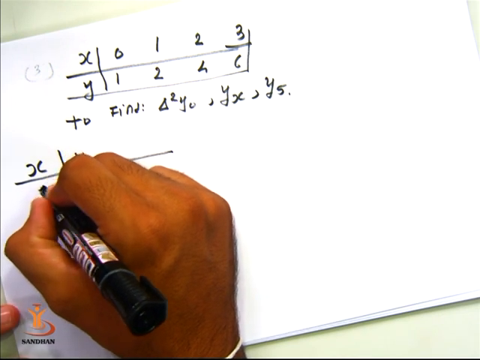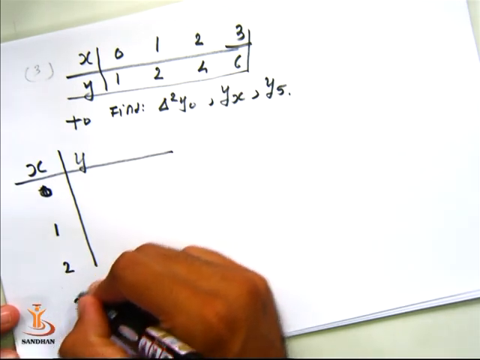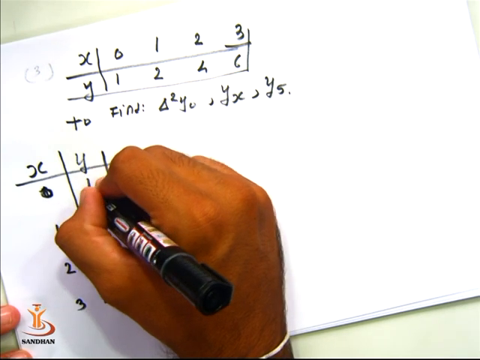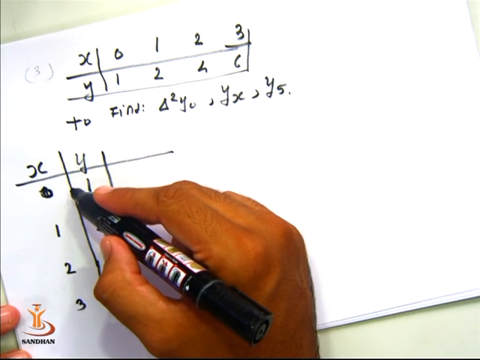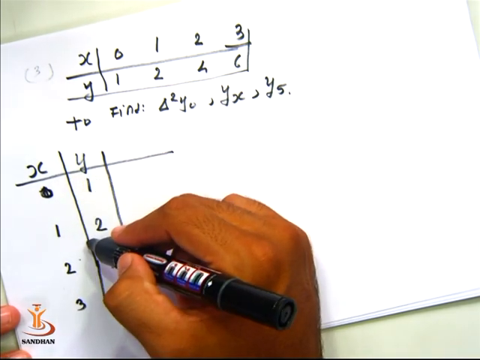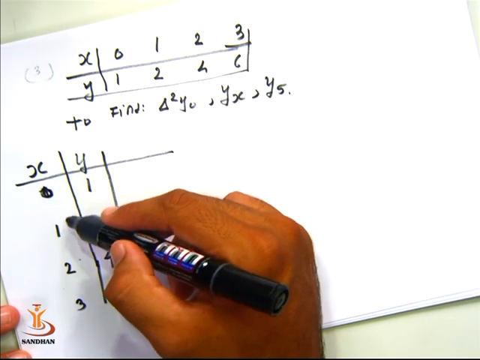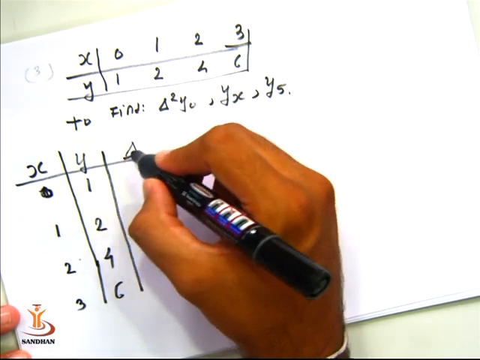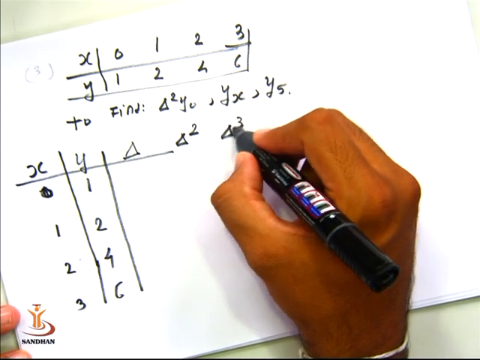Say we start with 0, 1, 2, 3, and corresponding to that we have the values of y as 1, 2, 4, 6. You can observe that the values of x are at equal interval, and it has a total of n plus 1 values, that is 0, 1, 2, 3. This table can be extended up to the difference delta 3.